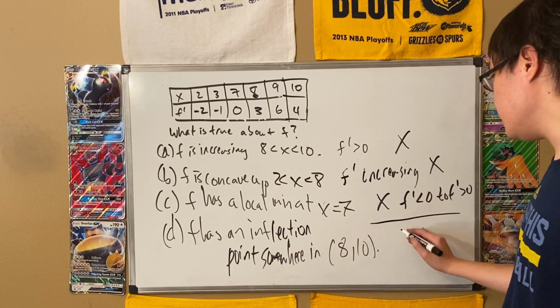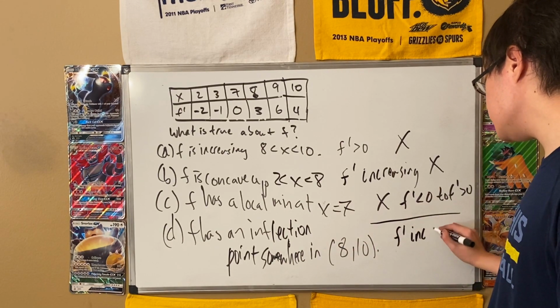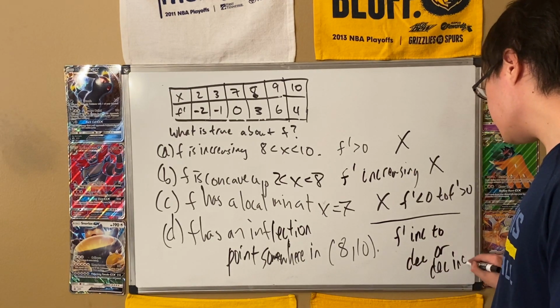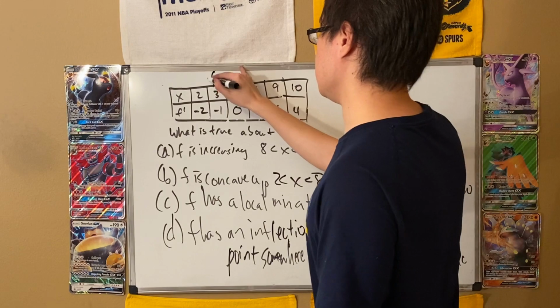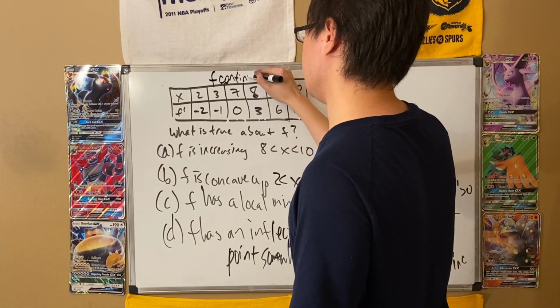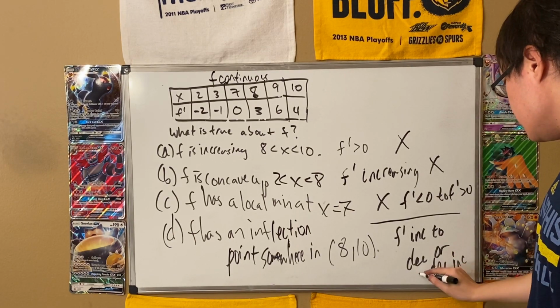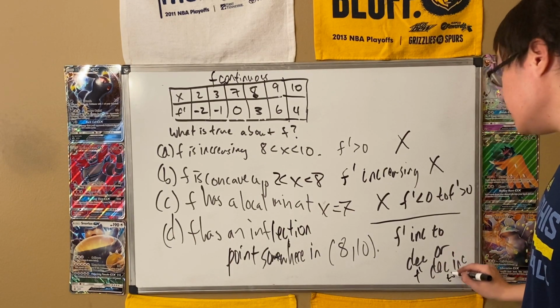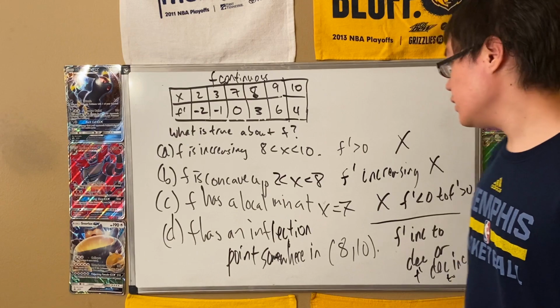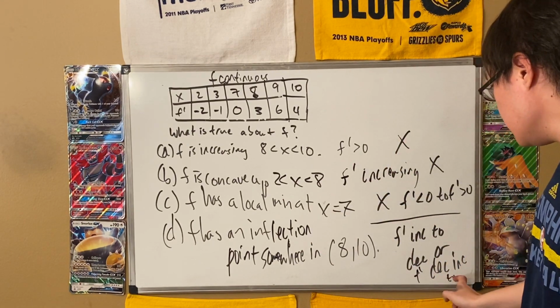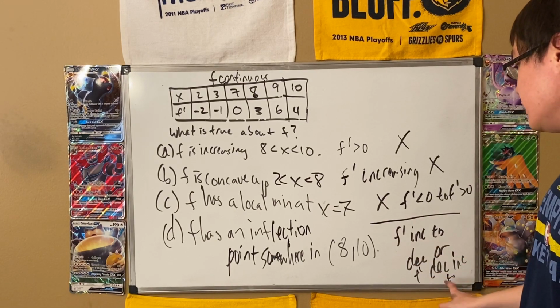For f inflection point, the rule is f prime goes from increasing to decreasing, or decreasing to increasing. By the way, this function is continuous, because you can't answer any questions unless the function is continuous. So here, if we have a continuous function, a twice differentiable function so that its derivative is also continuous, we have f prime increasing, f prime decreasing, increasing.